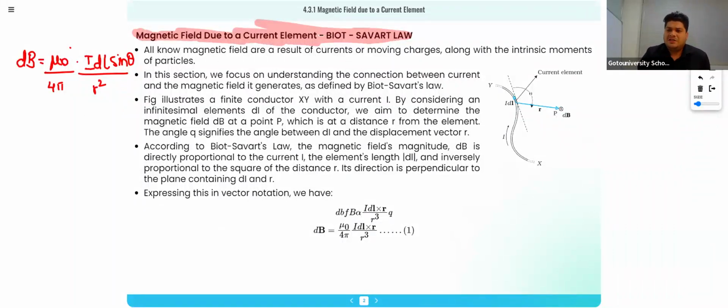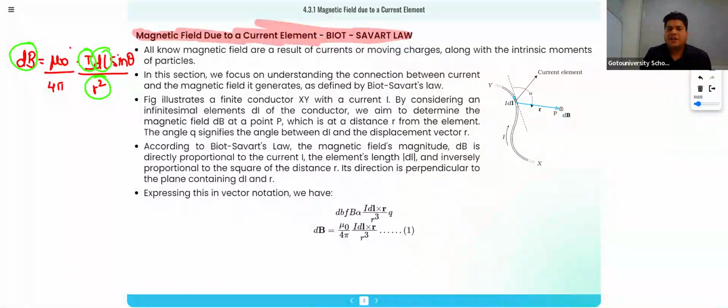See what it states. Biot-Savart Law states that the magnitude of magnetic field is directly proportional to current, the elemental length, and inversely proportional to square of distance between them.